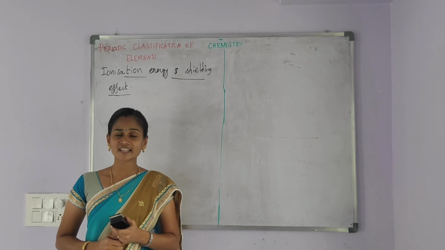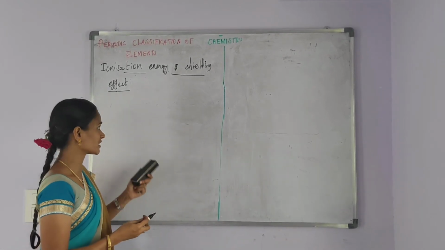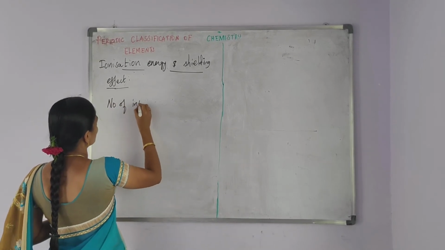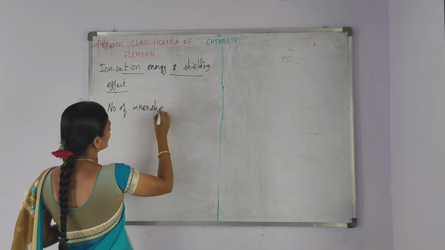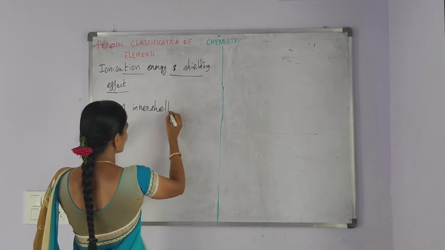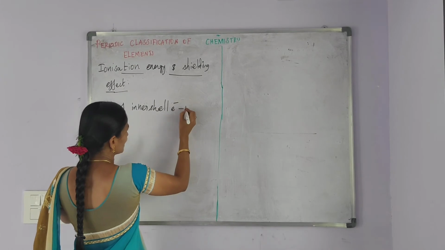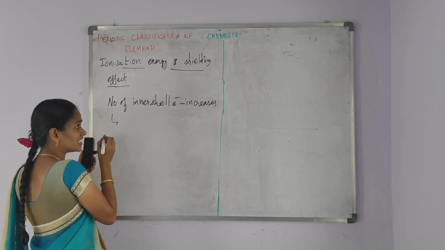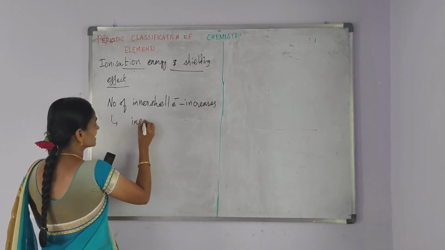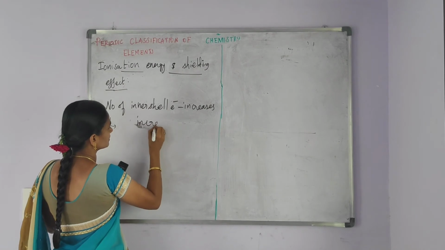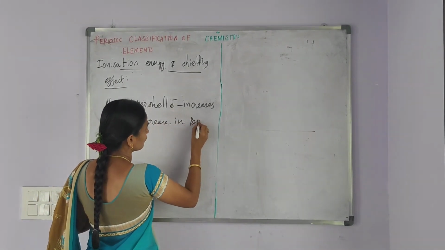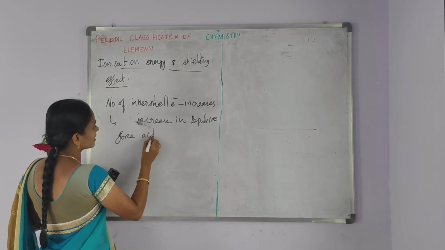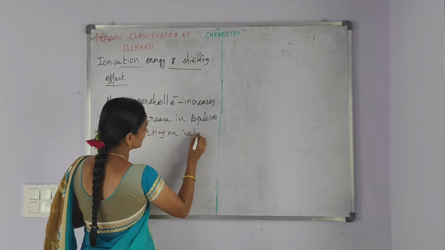Our next topic is ionization energy and shielding effect. On moving down the group, ionization energy decreases because valence electrons are added to the new shells. At the same time, the number of inner shell electrons increases. Increasing number of inner shell electrons leads to the increase in repulsive force acting on the valence electron.